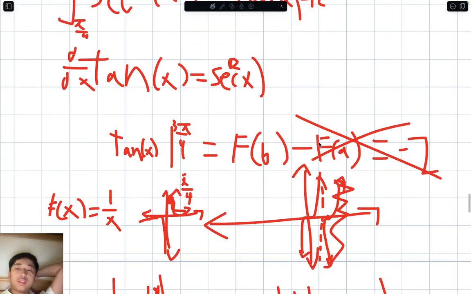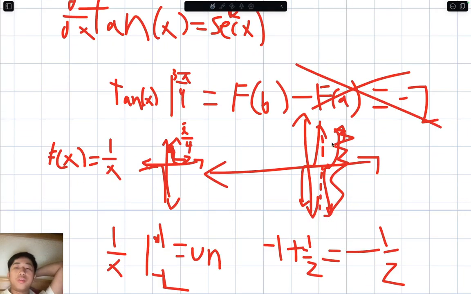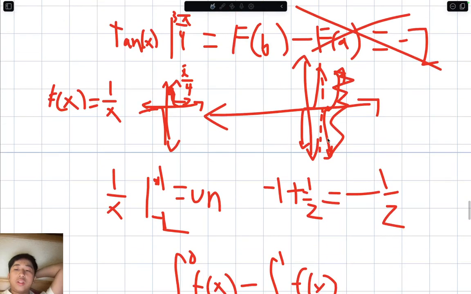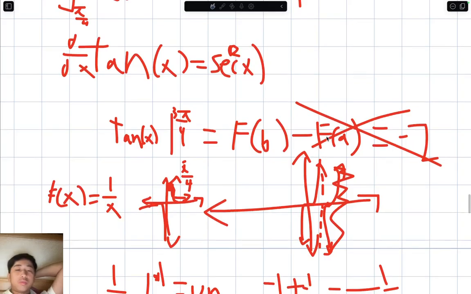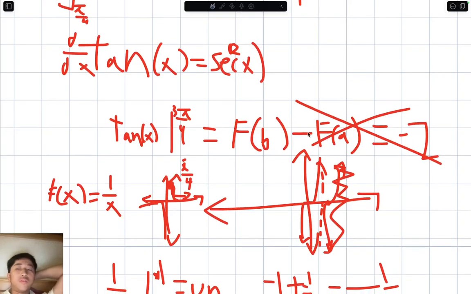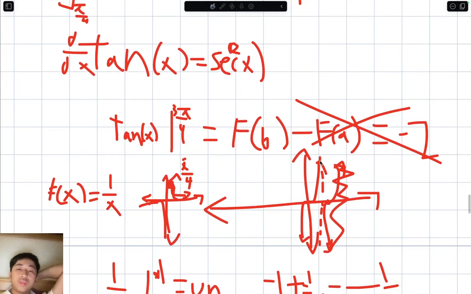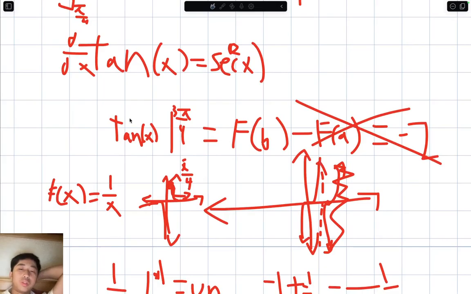Because of the asymptote at pi over 2, you cannot add infinity to your result. So therefore, the area between pi over 4 and 3 pi over 4 is undefined, or infinity.